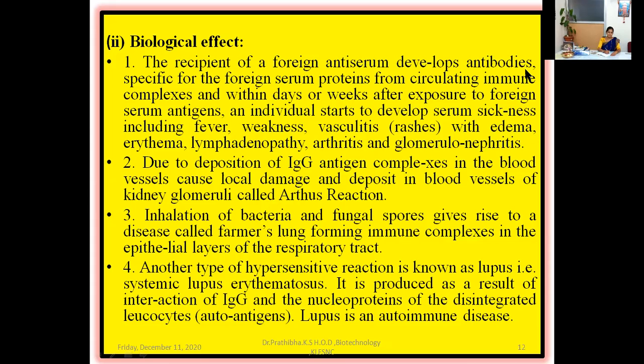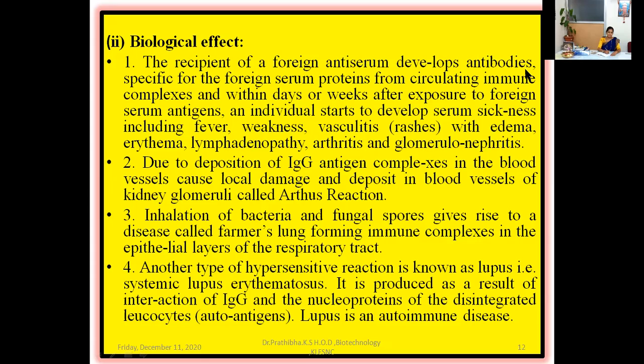Inhalation of bacterial and fungal spores gives rise to a disease called farmer's lung, forming immune complexes in the epithelial layers of the respiratory tract. Another type of hypersensitivity reaction is known as lupus, that is systemic lupus erythematosus. It is produced as a result of interaction of IgG and nucleoproteins of the disintegrated leukocytes, that is autoantigens.